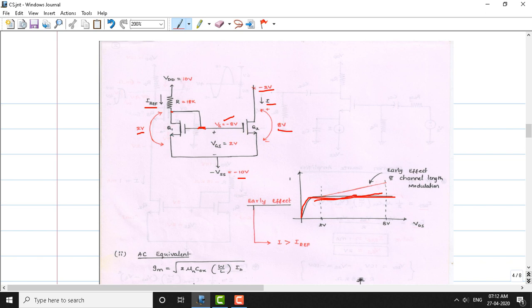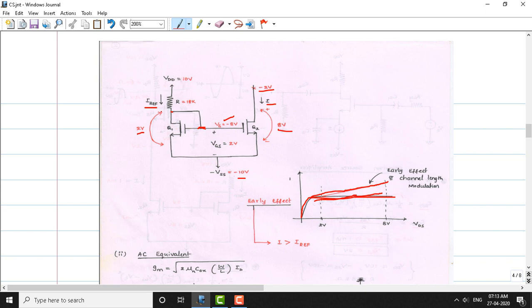But practically, the transistors are no more ideal. If that is the case, there will be a slope: the VDS versus IDS characteristic for each of these transistors exhibits some slope. That means they have a finite amount of resistance across this. Now let us see what problems it creates when we have a finite resistance here when we choose practical transistors.